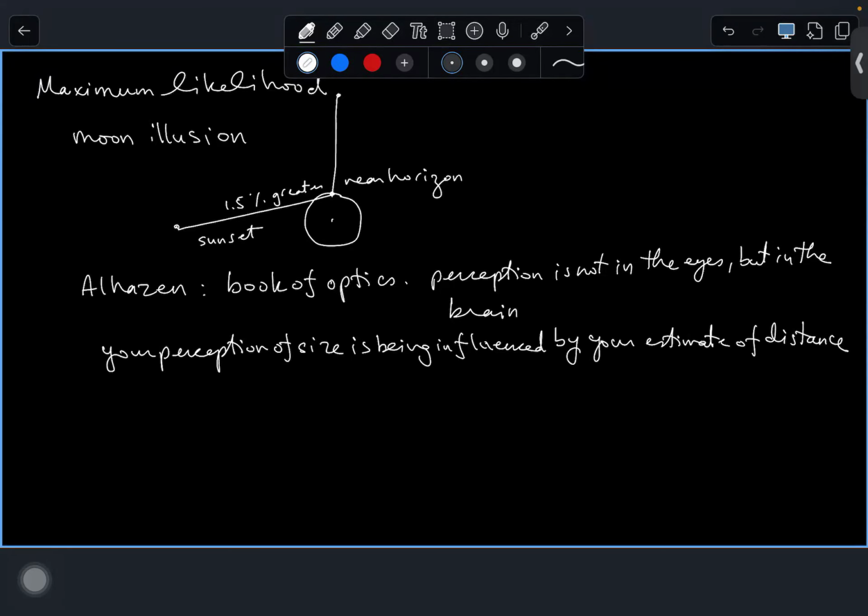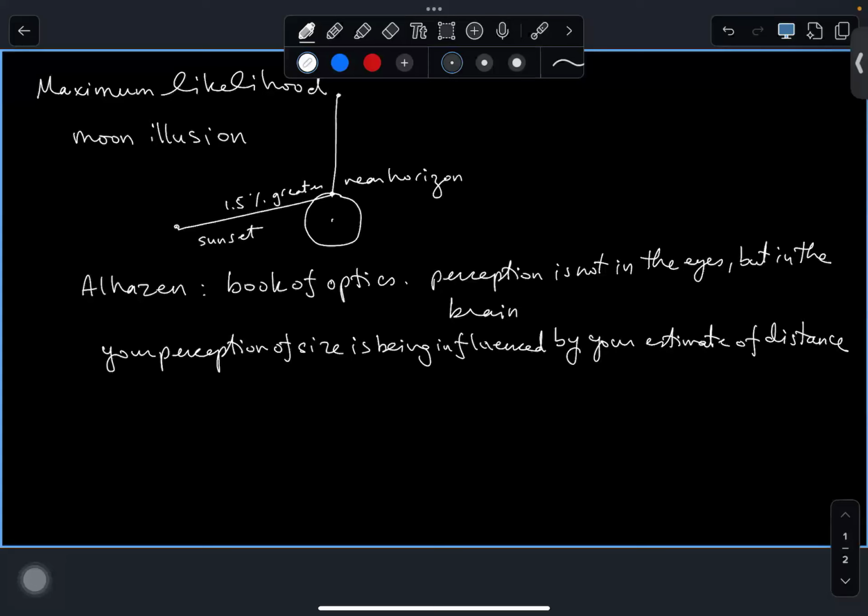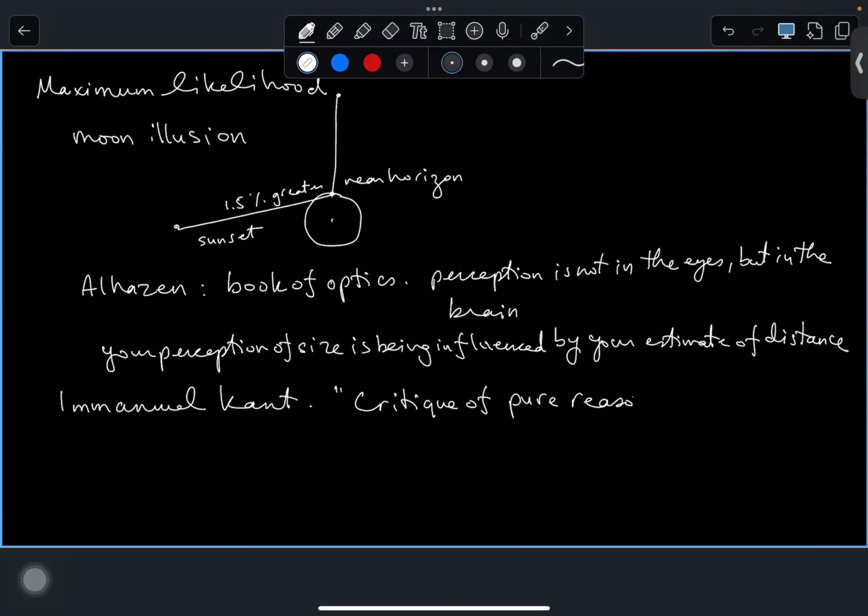But this was also picked up many centuries later by a famous German philosopher. You've heard of him, Immanuel Kant. And he wrote a book called Critique of Pure Reason.